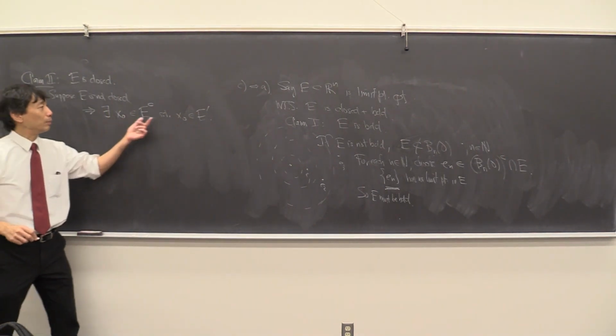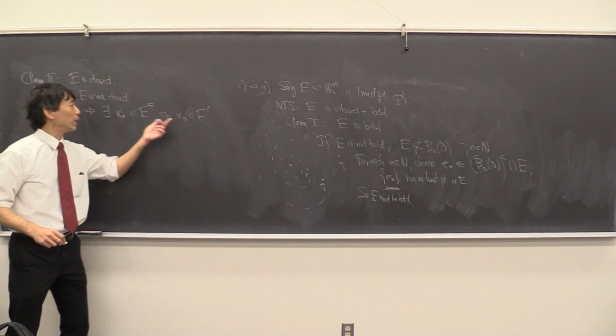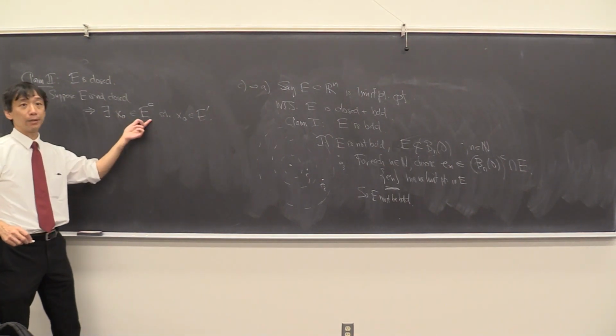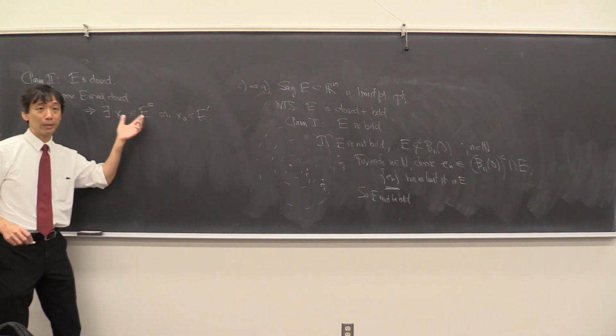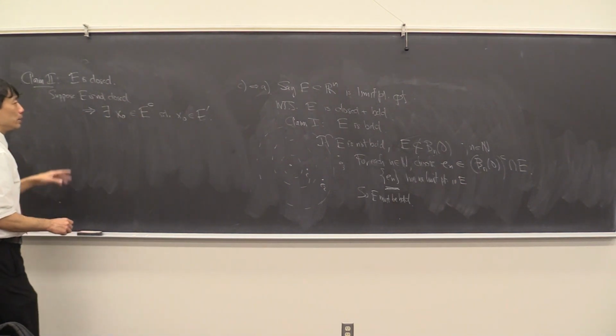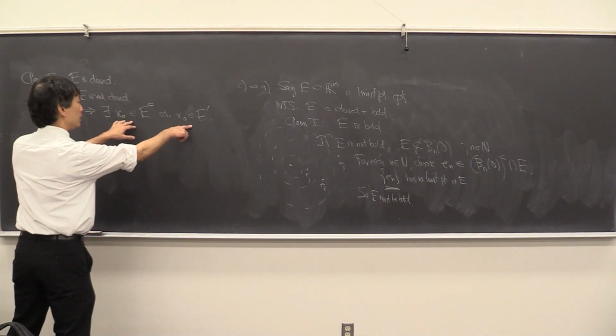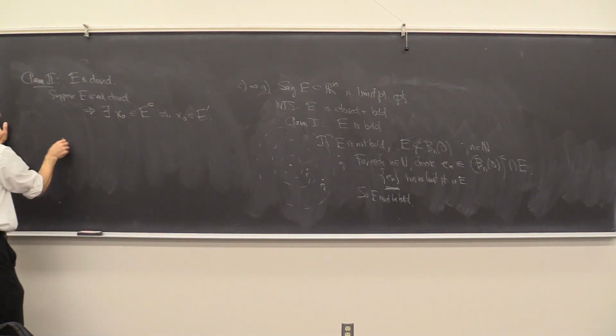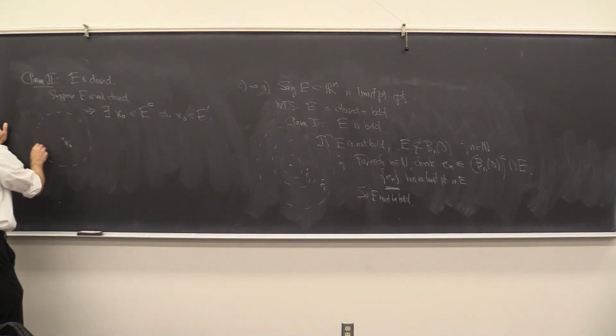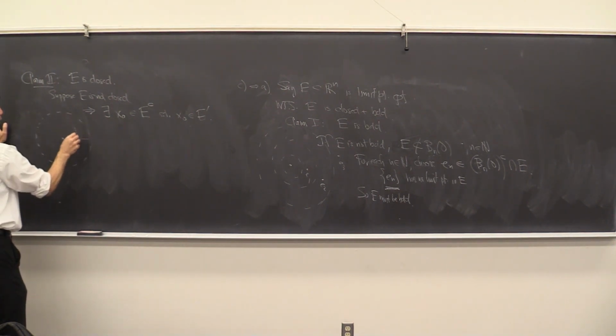So there's some limit point, but it's not in E, right? So the set is not closed. It doesn't contain all its limit points, right? Okay. So there's this limit point x naught that's not contained in E, and what we do is we take radii of 1 over n.